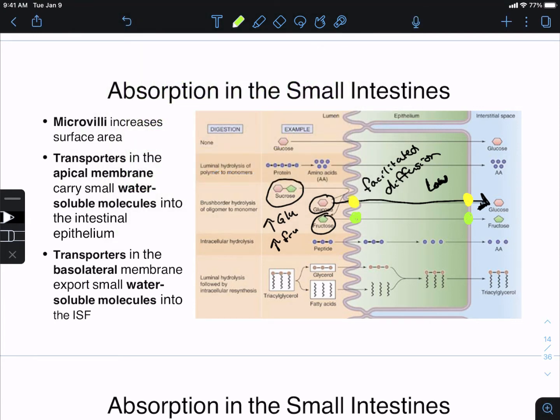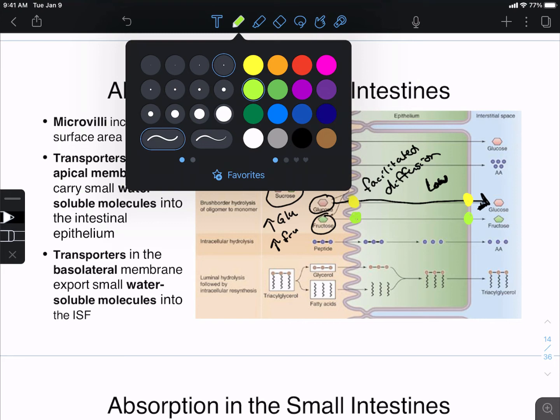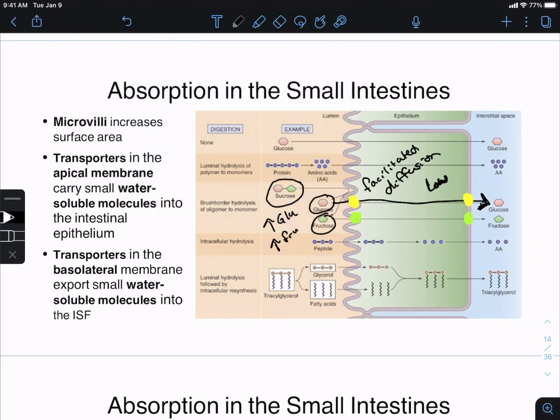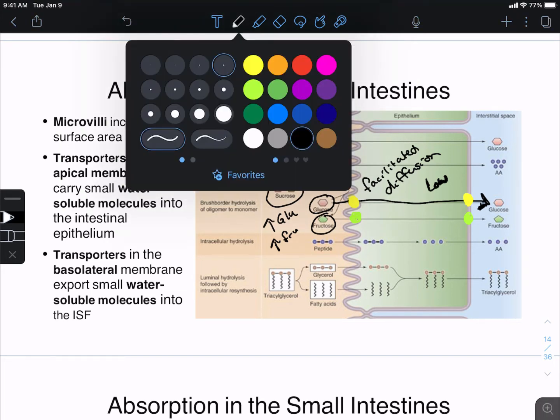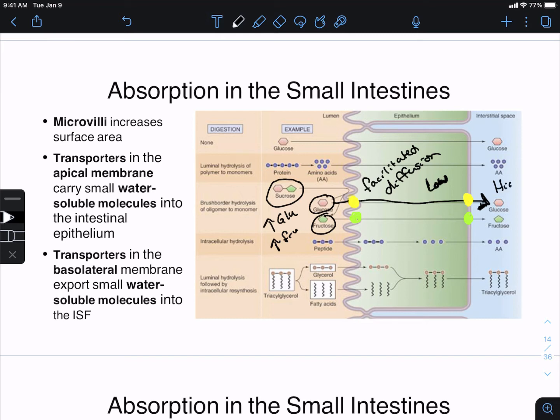And in this case, we would actually be using active transport because we're going to be pumping it from low to high-ish. Usually glucose in the blood is maintained at about 100 milligrams per deciliter. Okay, and that's certainly higher than what is in the cell. And so now we're going against our concentration gradient, so this is active transport.